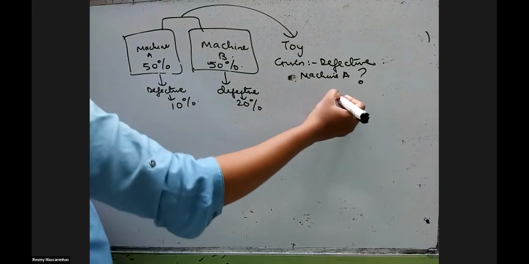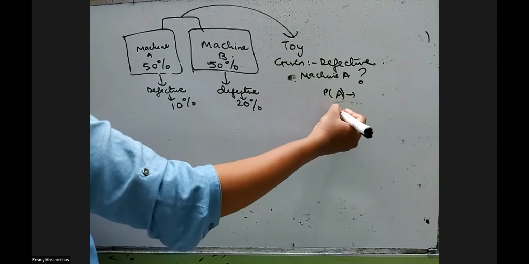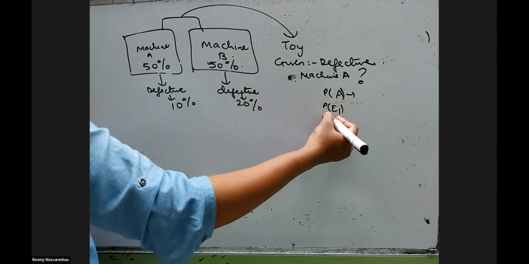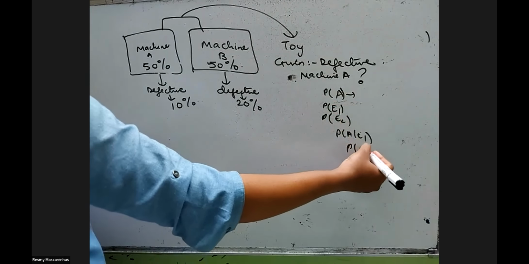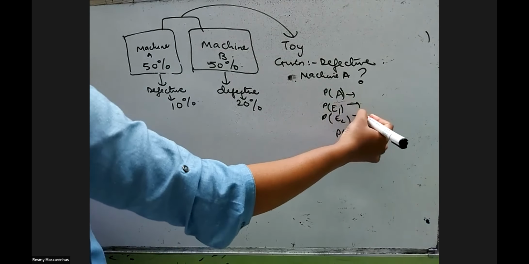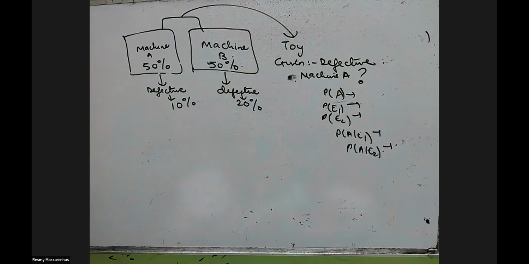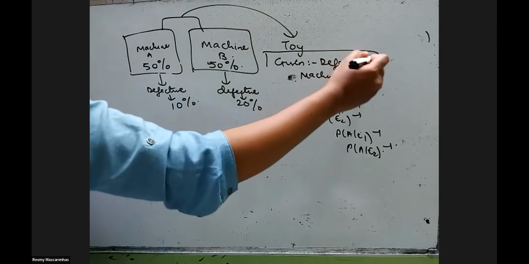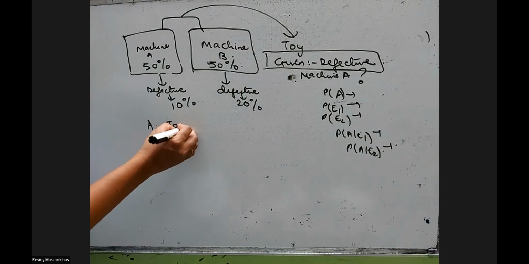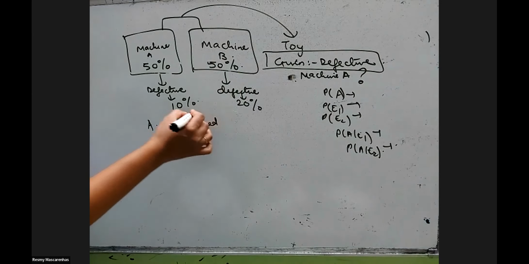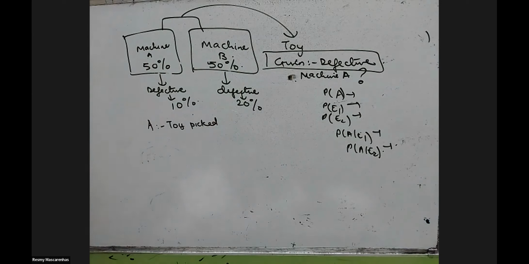Again the same thing, you have to find P of E1 upon A, using P of E1, P of E2, P of A upon E1. The main event will be the given thing. Whatever is given, that will be the main event. So A is what? Toy picked. Taken at random means toy picked.